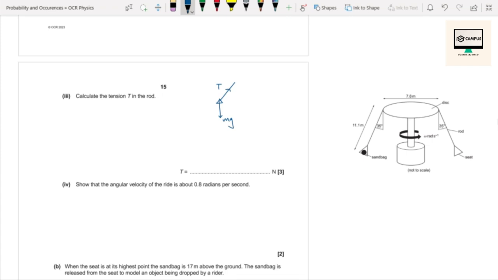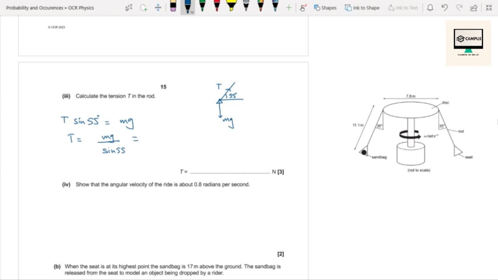So this angle was 55 degrees, so we can say T sine of 55 degrees must be equal to mg. So T is equal to mg over sine 55.